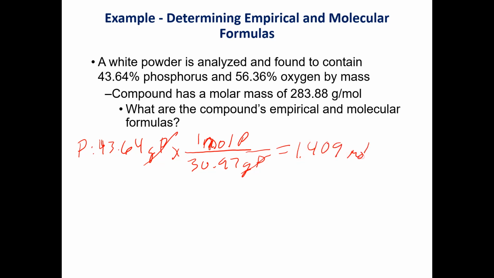1.409 moles of phosphorus. And for oxygen, we have 56.36%, which becomes 56.36 grams of oxygen. And the molar mass of oxygen is 16 grams per mole.